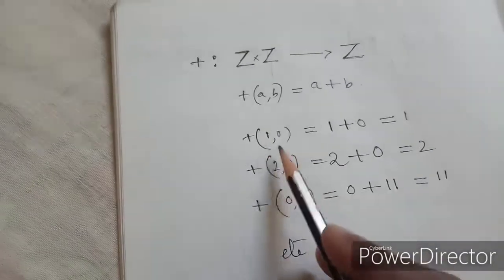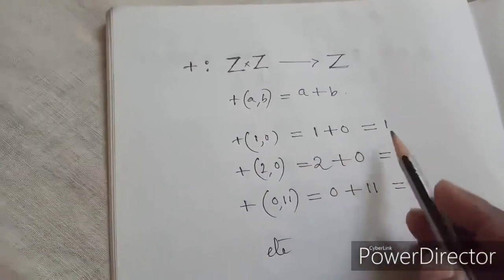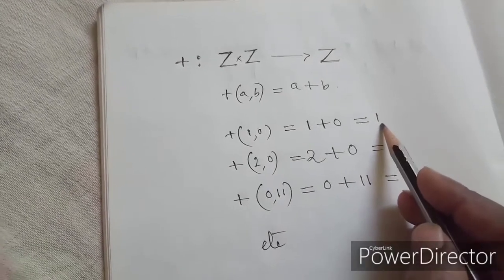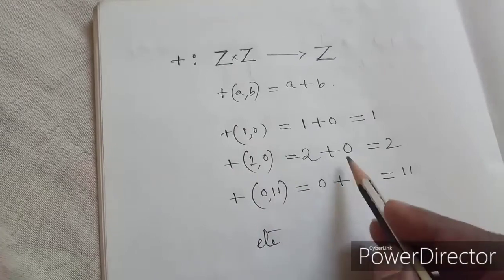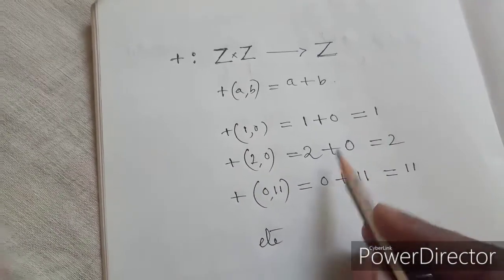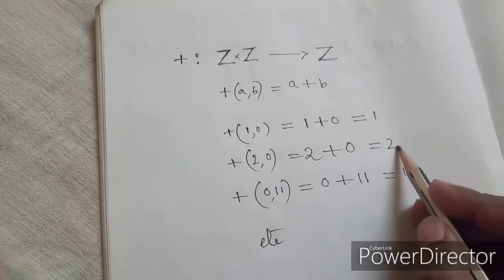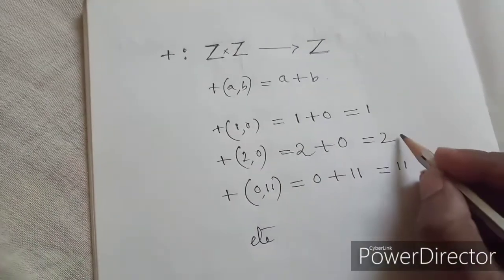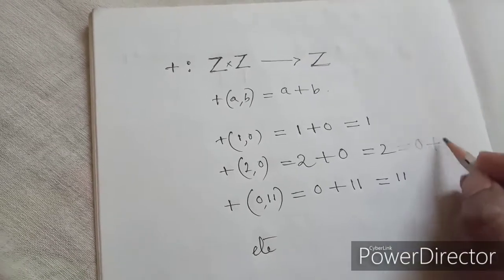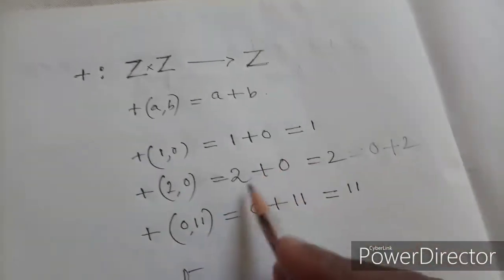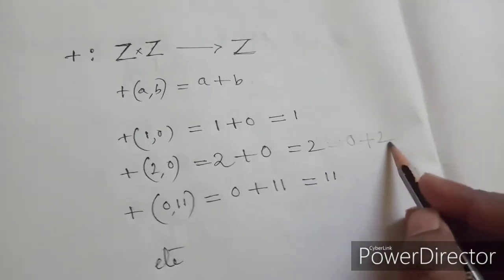Now if we consider the binary operation plus on Z, that means plus is a mapping from Z cross Z to Z defined by plus of (a, b) equal to a plus b. Now plus of (1, 0), that means 1 plus 0, should equal 1. And also plus of (2, 0) equals 2 plus 0 equals 2. That is, if we add 0 with 2, that becomes 2, and this should be written as 0 plus 2 as well.